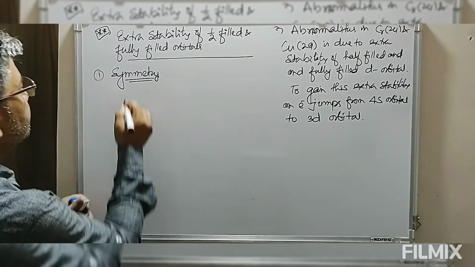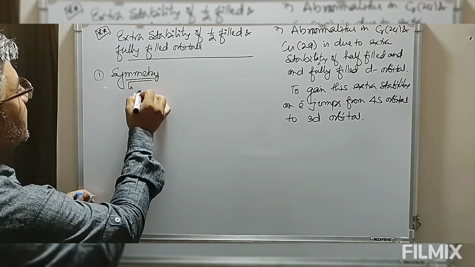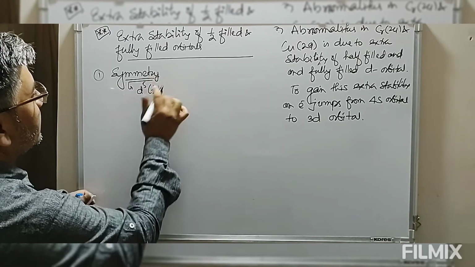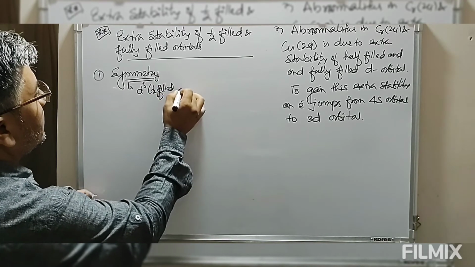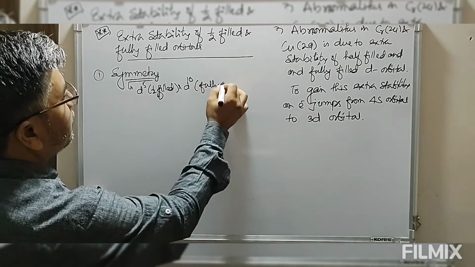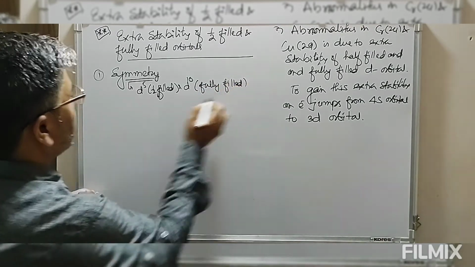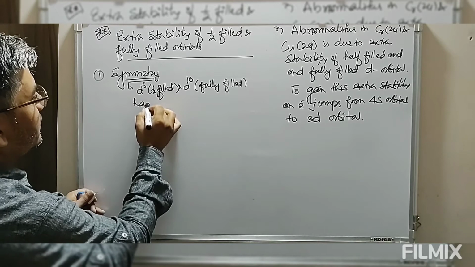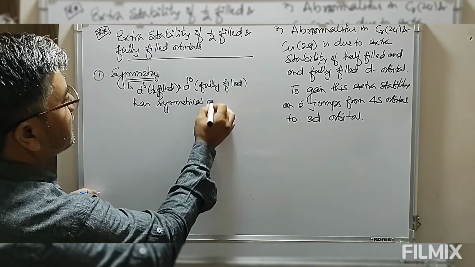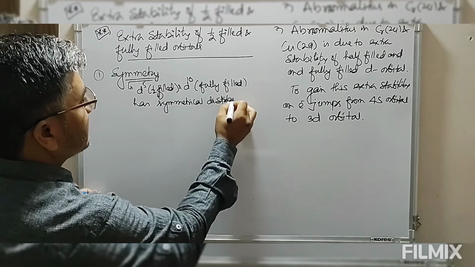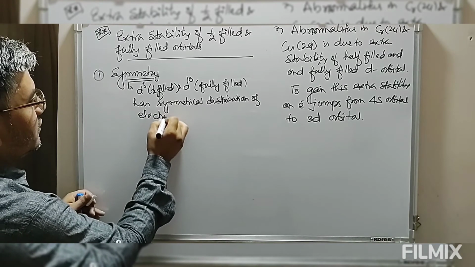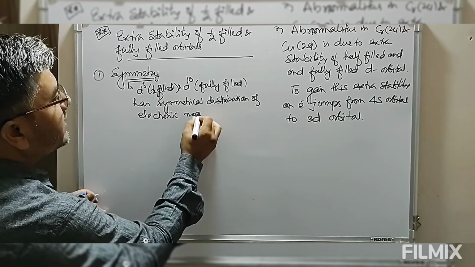Simply saying, d5 half filled and d10 fully filled have symmetrical distribution of electronic negative field.